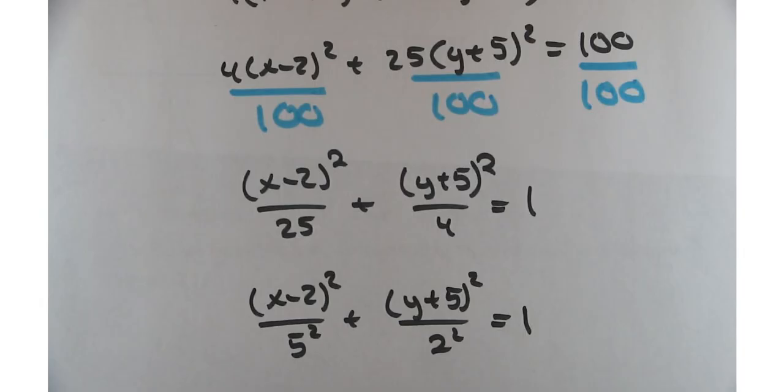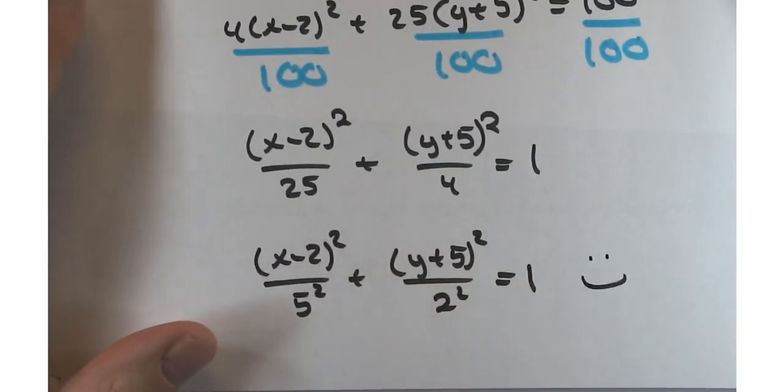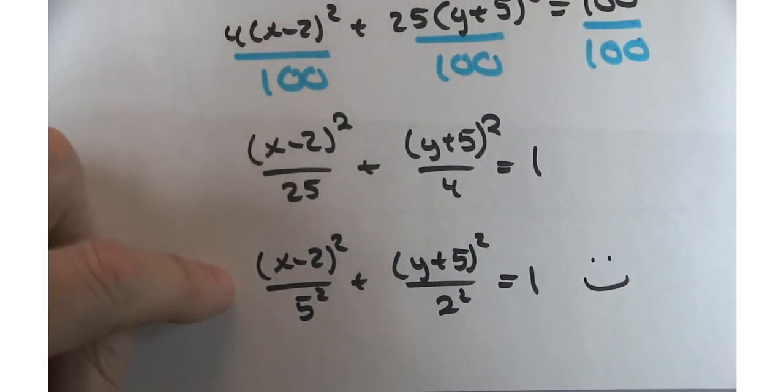Ellie, is x minus 2 squared divided by 25 plus y plus 5 squared divided by 4 equals 1 the final form, the most reduced form possible, or is it the second one? What's the advantage in going from this down one more step?